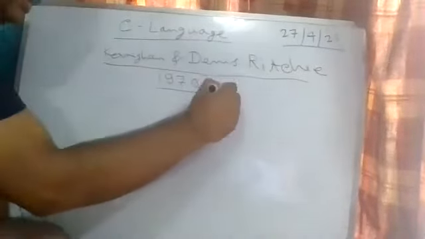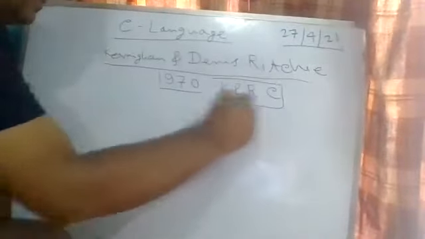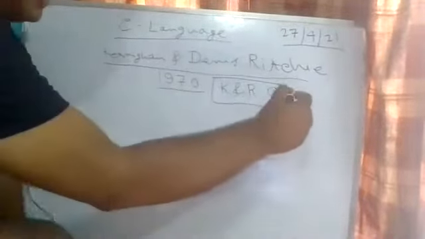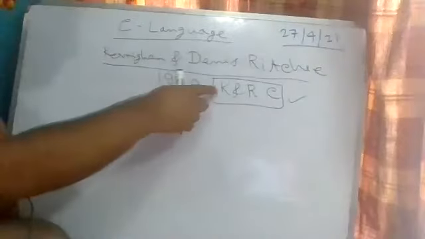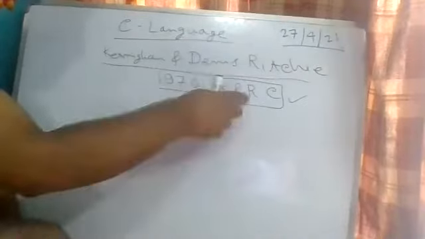And at that time, C was called K&R C. The name they gave that language was K&R C. K means Kernighan, and R means Dennis Ritchie.